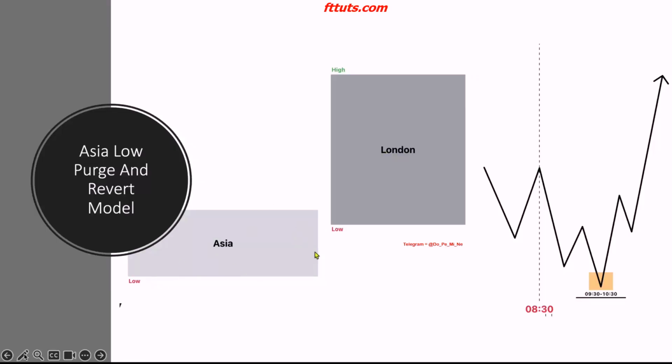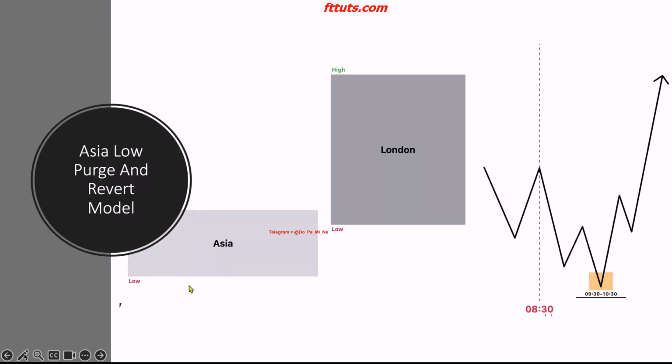If we're taking a look at the Asia low purge and revert model, it looks like the following. Asia was consolidation, London expanded to the upside, but did not continue higher. Instead, the market retraced lower, and from 8:30 we want to see sell side delivery occur. We want to see manipulation to the downside occur. Where could the market potentially reverse? Below the Asia low.